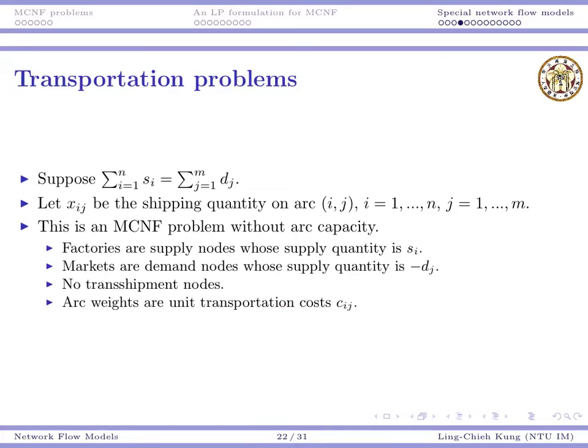Recognizing this simply tells us that a transportation problem is just an MCNF problem, right? Well, it's not very surprising. It's just some very special MCNF problems. There are no transshipment nodes, and arc capacities are unlimited.